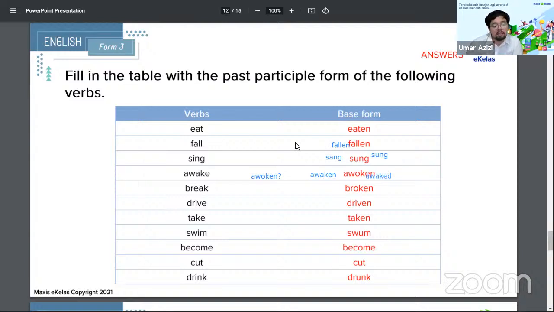They have eaten, she has fallen, we sung until the morning comes, they have awoken, it's broken, this car has been driven far too far, our food has been taken by the bear, they swam up the creek, what have we become? Let's go, and the bushes have been cut, and finally the drinks have been drunk.